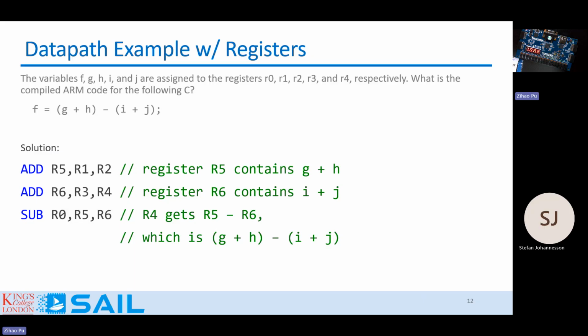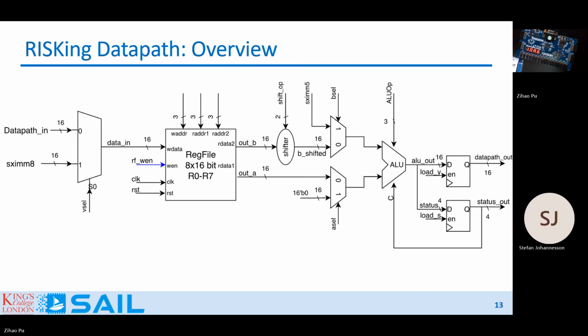So, a datapath example with registers. I think you already have an idea about how to read the instructions. For example, I'm trying to add R5 from R1 and R2, and add R6 from R3 and R4, and then I make a subtraction from R5 and R6 and write back to R0.